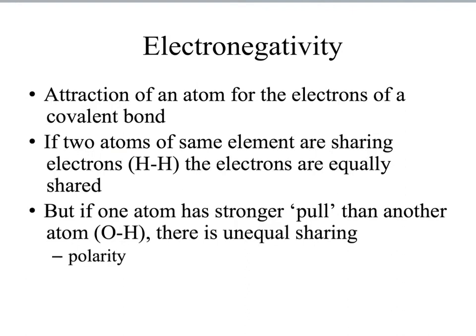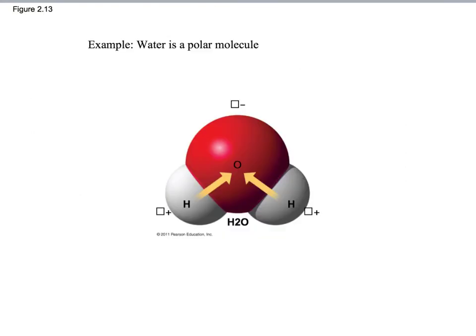That unequal sharing is simply that the electrons tend to hover around oxygen more than they hover around hydrogen, thus creating a negative side and a positive side of a molecule. Here again is a diagram of what I was attempting to draw before. Here you see the positive part, here you see the negative part. This is essential to understand because it basically drives all the behaviors of water.